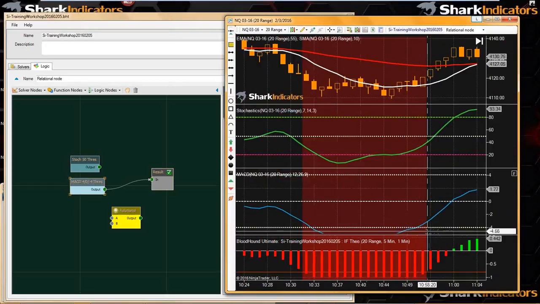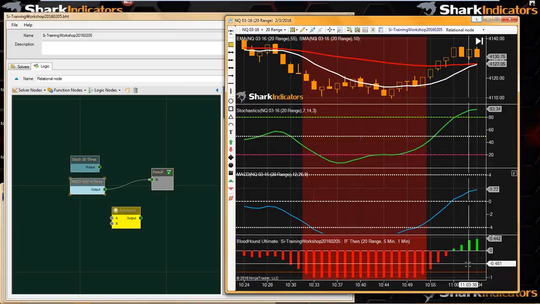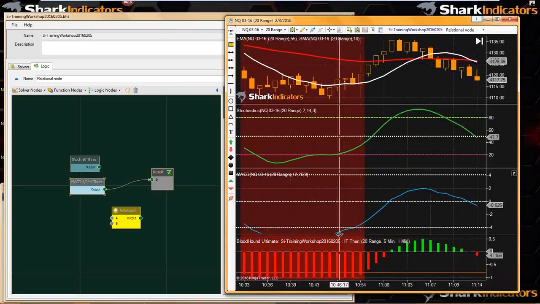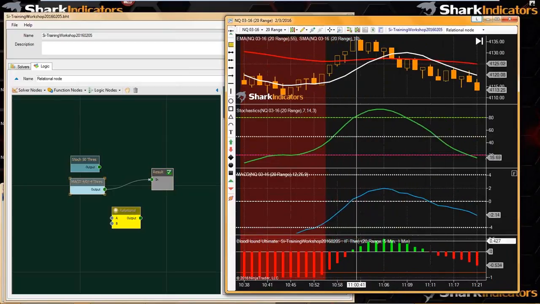You can see the dotted lines are on 4 and -4. The MACD got below -4, so the output maxed out. And when the MACD moves back to the 0 line, the output diminishes, and then it goes positive as the MACD goes above the 0 line.